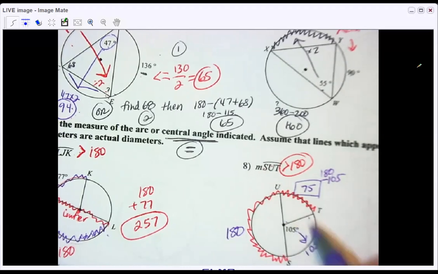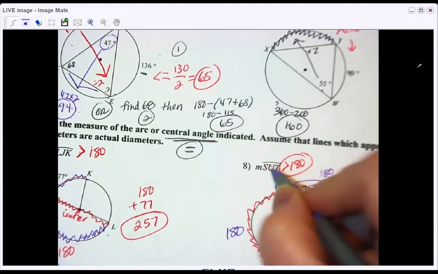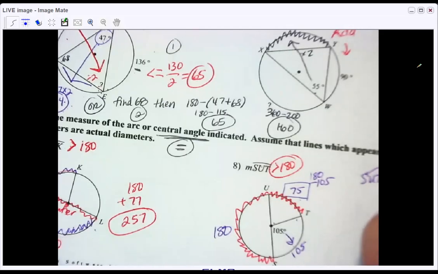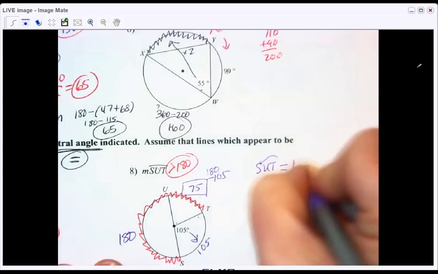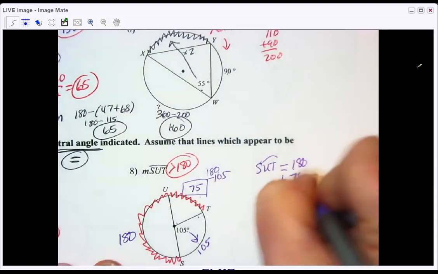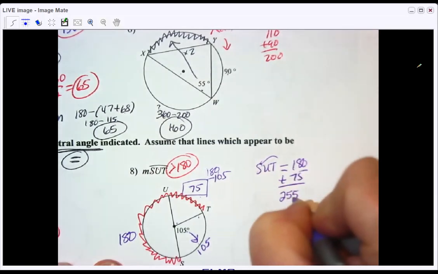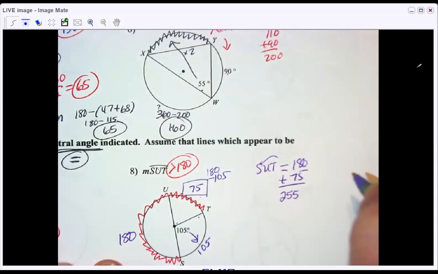Okay, so now that we have this one is 75, I can add these two together and I can get arc SUT is equal to, move my paper over, 180 plus the 75 or 255. And you'd be done.